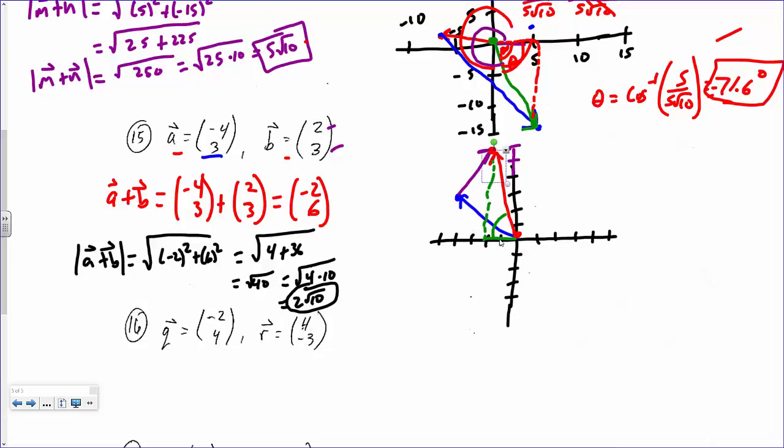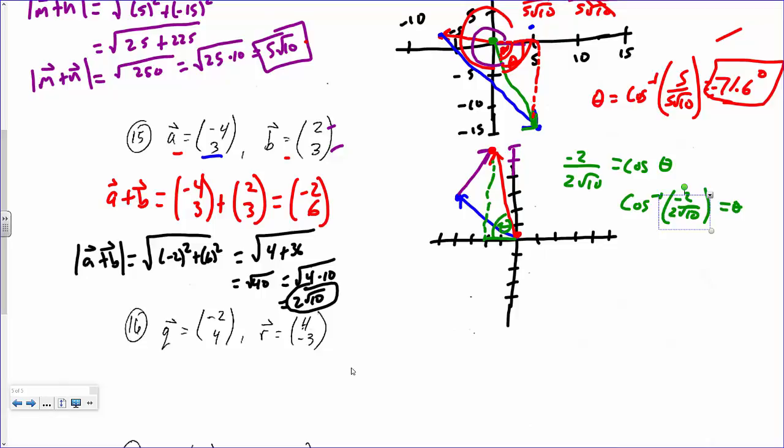So negative 2 over the magnitude, which is 2 root 10, will equal the cosine of theta, when theta is this angle here. So I'll take the cosine inverse of both sides. The cosine inverse of negative 2 over 2 root 10 is equal to that angle theta, which I don't know yet.